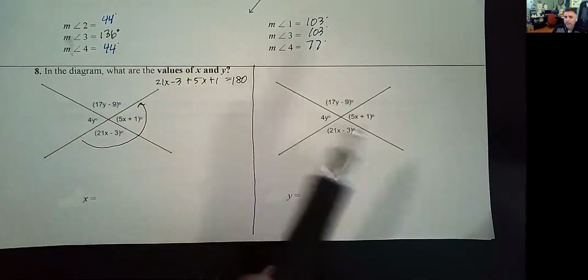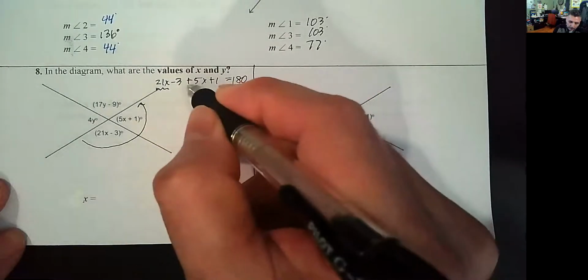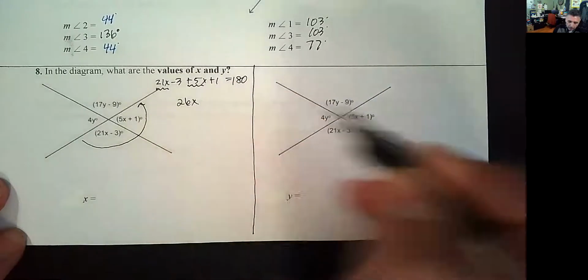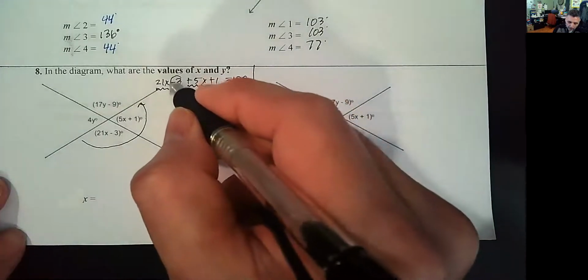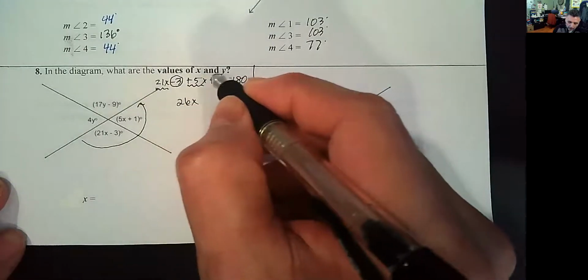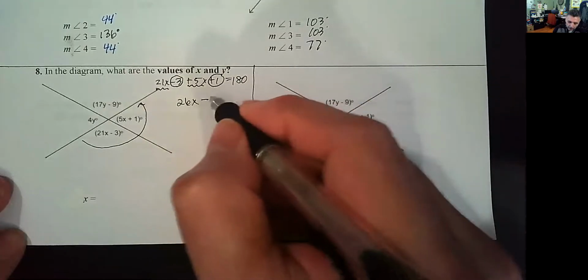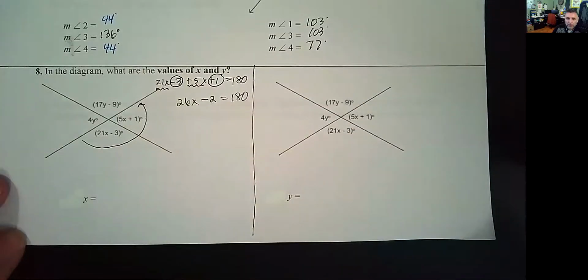And then we have to solve the equation. There's 2x, there's a plus 5x. Add those, and you get 7x. Combine the numbers, negative 3 and minus 1 is minus 4. Bring down the equals 180.